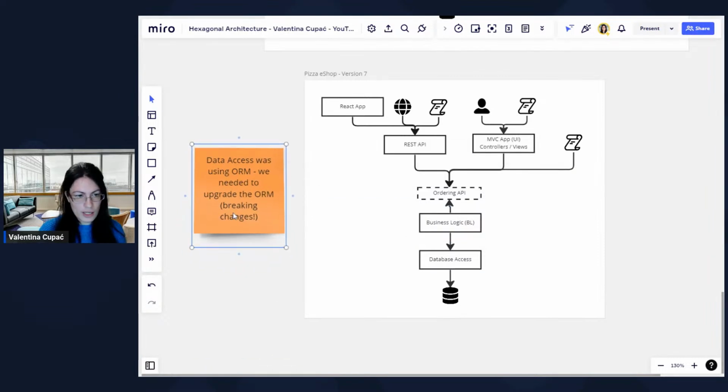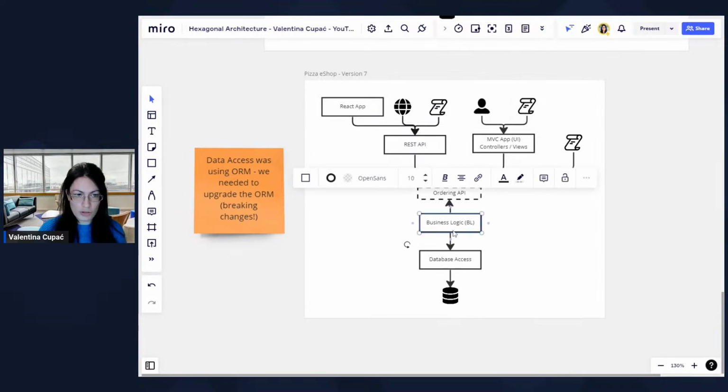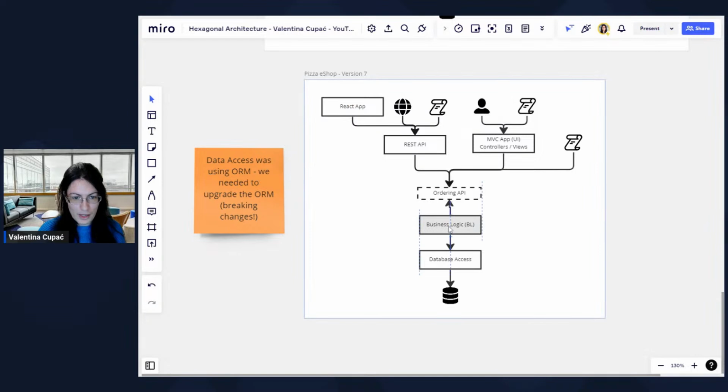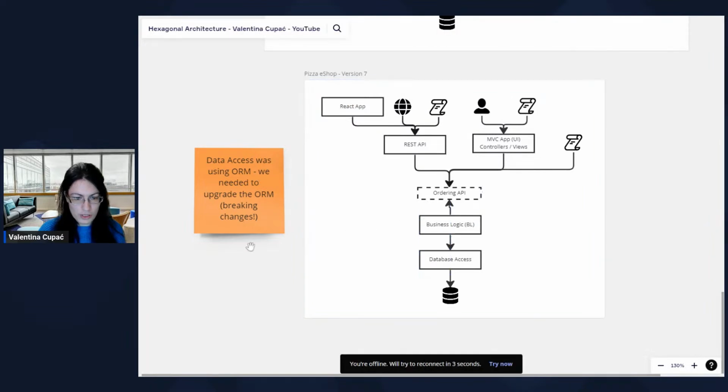And upgrading the ORM would cause so many breaking changes to our business logic code. And this is actually not a made-up story. This is something that I've also personally witnessed in a real-life situation with a team.